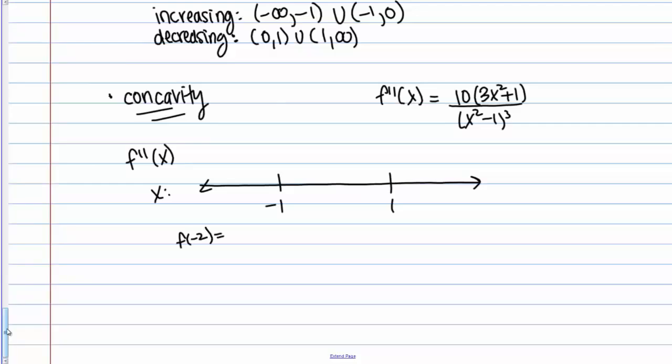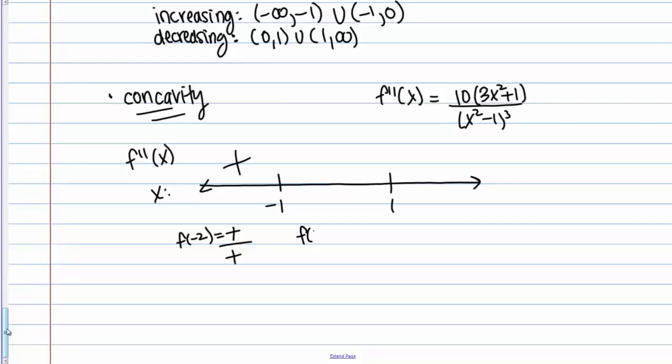Here I might have to do a little bit more work. On the top, that's going to be 10 times -2 squared, which gives me +4, so that's definitely positive on the top. What about the bottom? Well, -2 squared is 4, minus 1 is 3. 3 cubed is positive. Positive over positive gives me a positive.